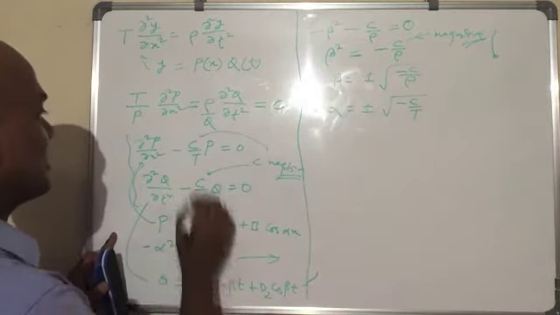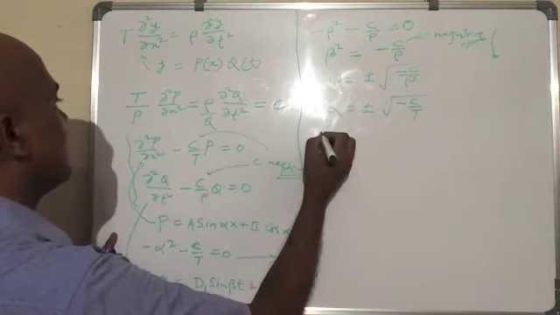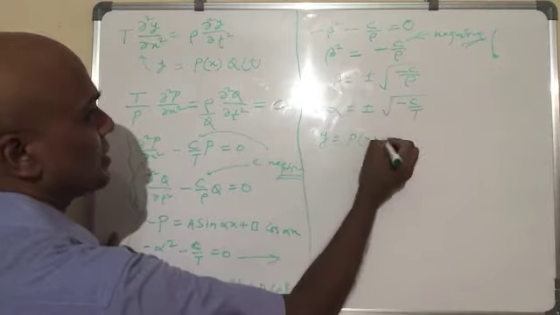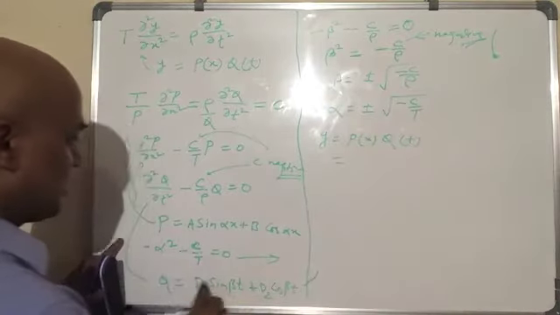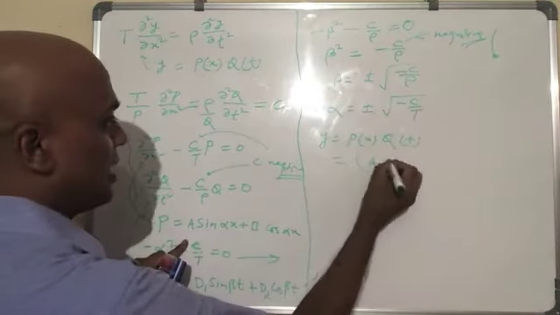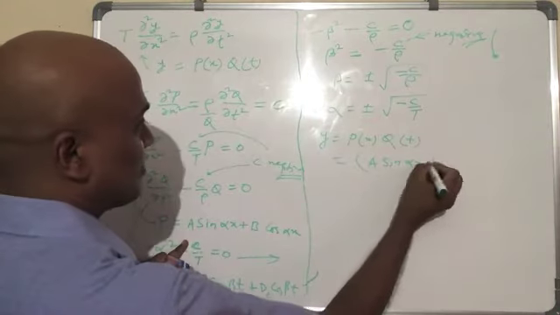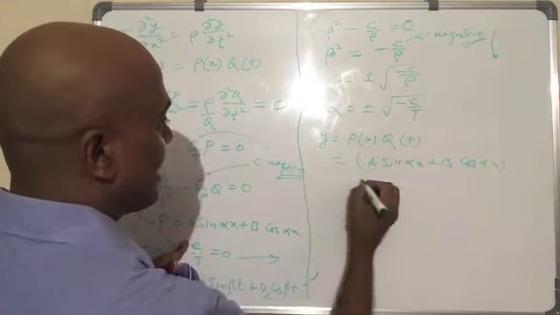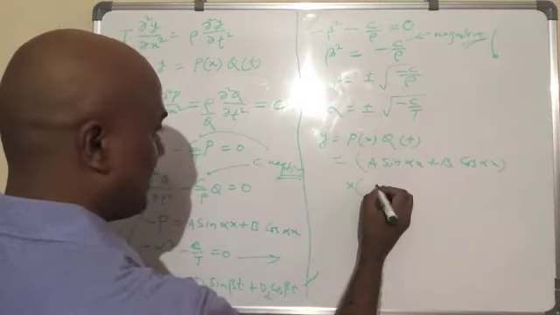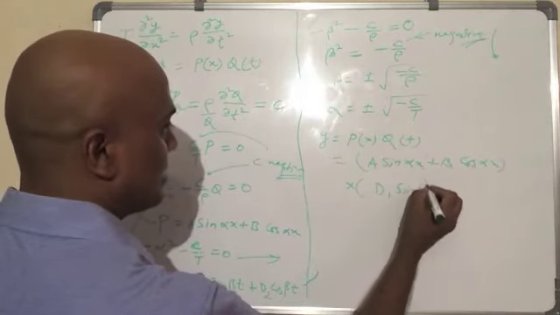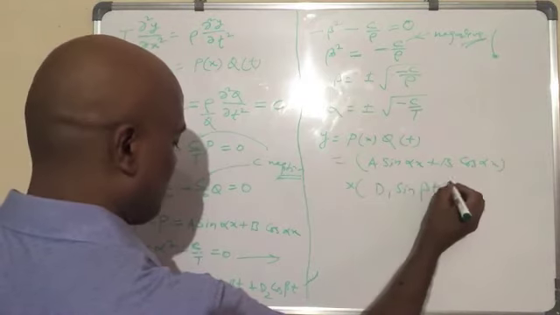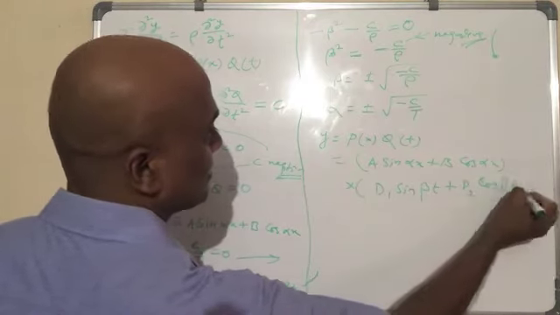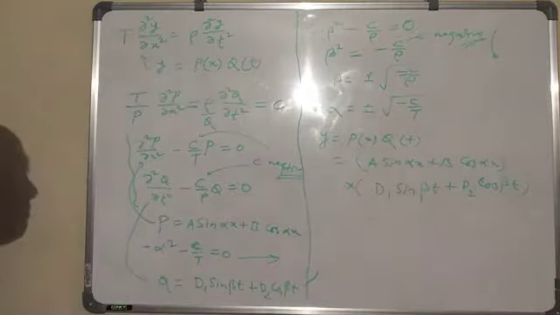So general solution you give as y equal to P x Q t, and hence the general solution is A sine alpha x plus B cos alpha x multiplied by d1 sine beta t plus d2 cos beta t. This is the general solution you get.